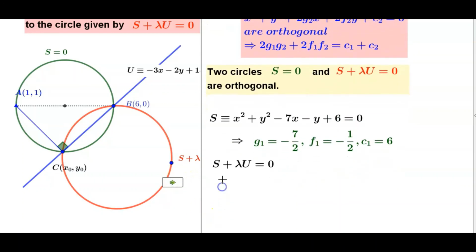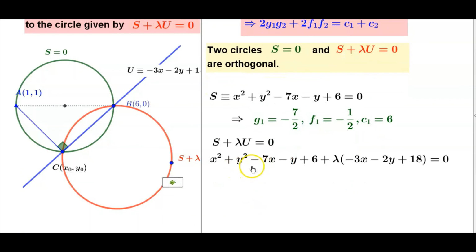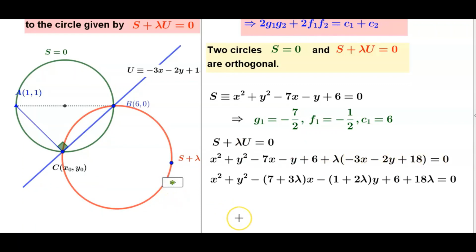And consider the other circle S plus lambda U. First we do the simplification: x squared plus y squared minus 7x minus y plus 6 plus lambda times U equal to 0, and you know U is minus 3x minus 2y plus 18 equal to 0. Now we want to get the standard equation of the circle.